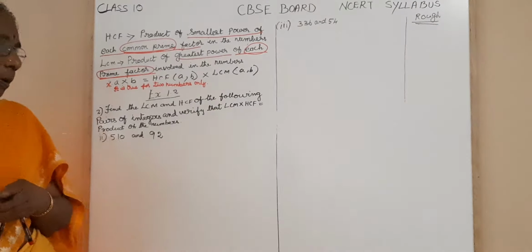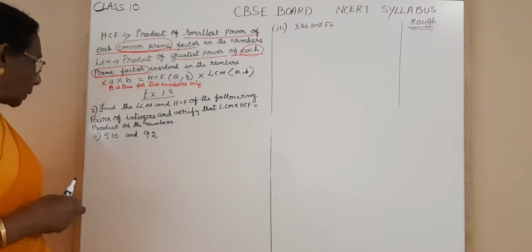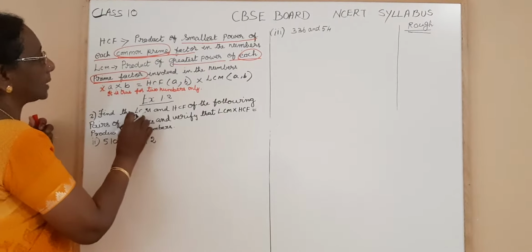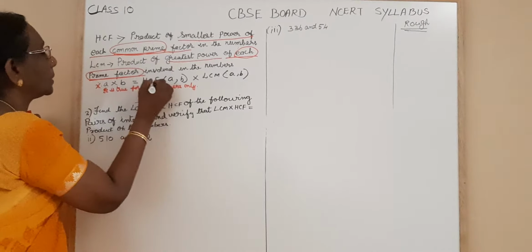Now we'll move to question number 2 in 1.2. What is it? Find the LCM. And one more property. The important property of HCF and LCM is what?